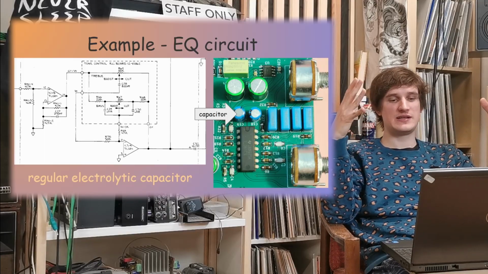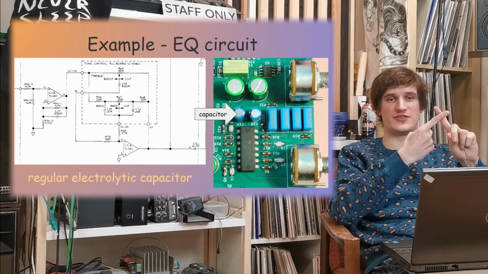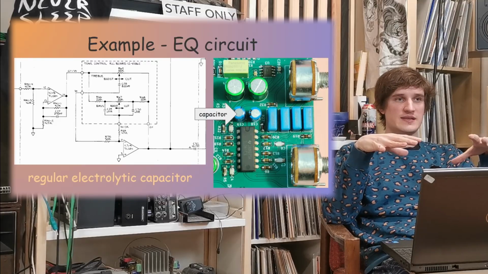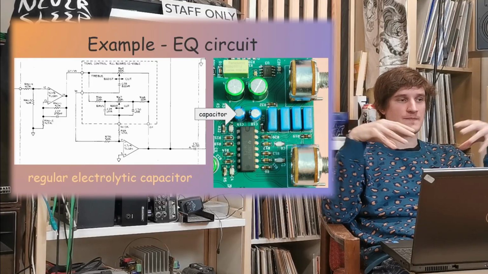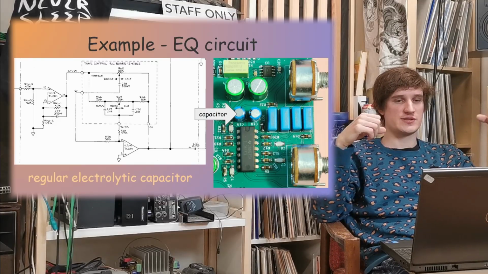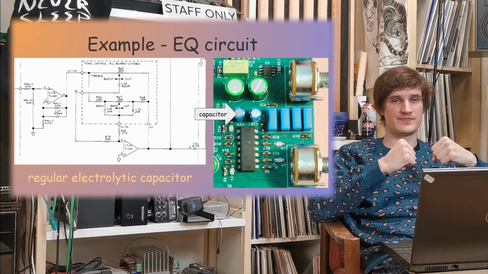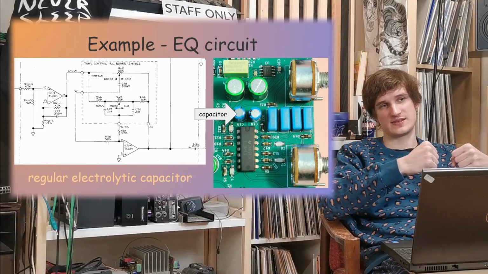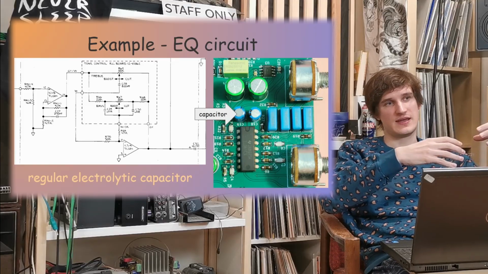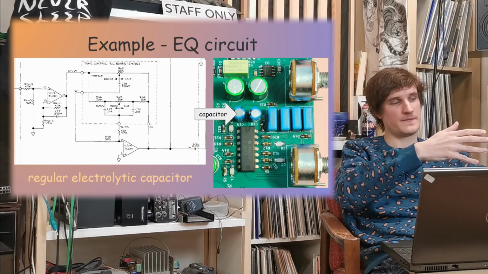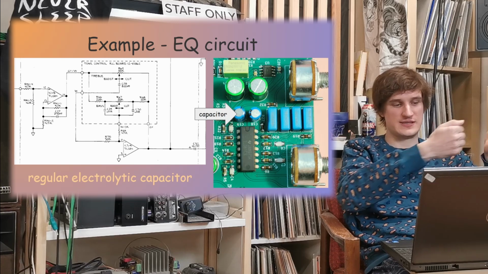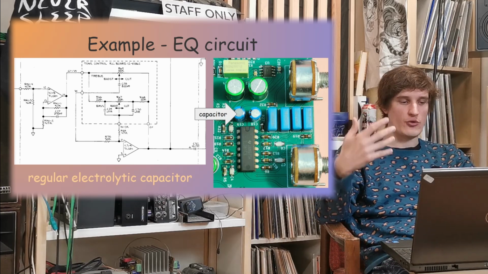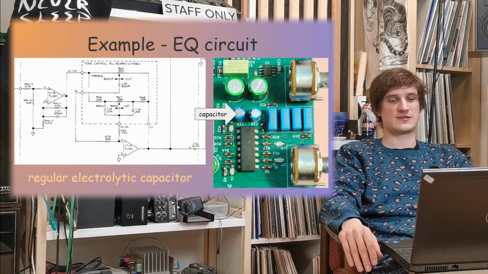So it's a completely different application than filtering or DC blocking. Its role is to just store some charge to provide some current in cases where the nearby chip needs some. And in this application I use just a regular electrolytic capacitor.